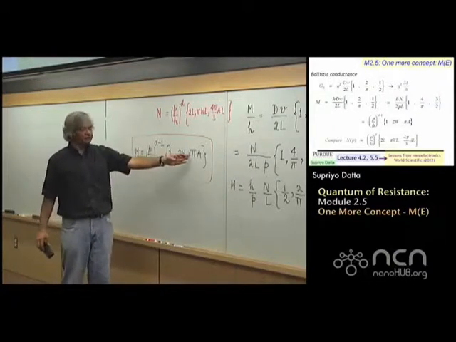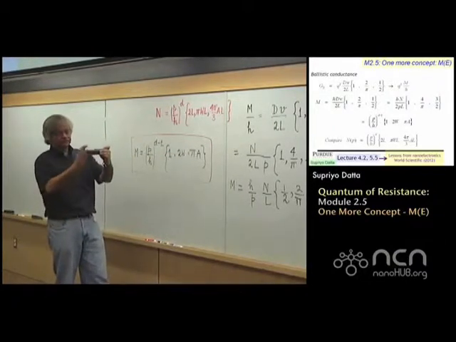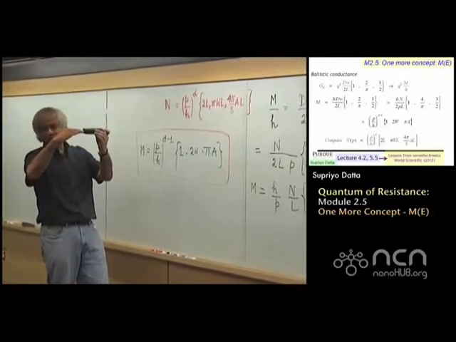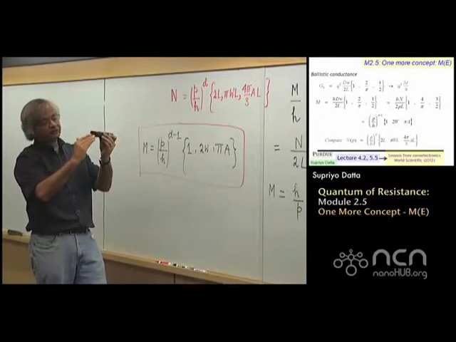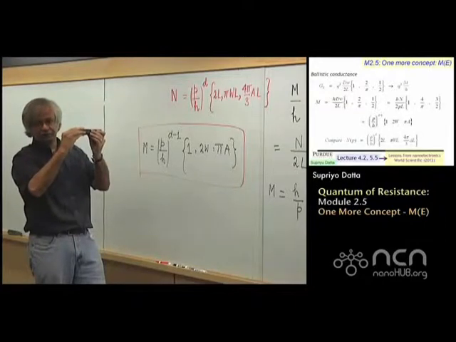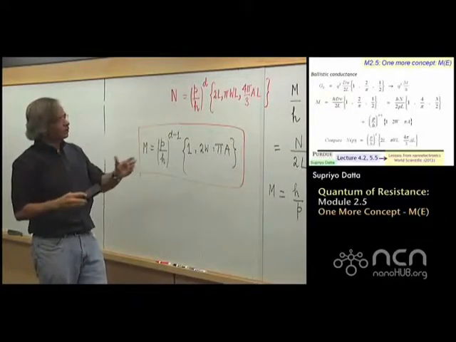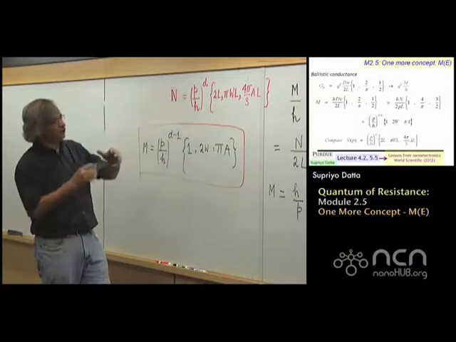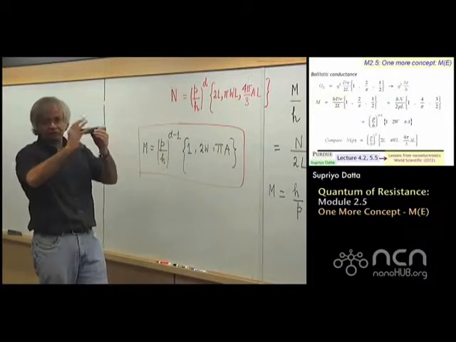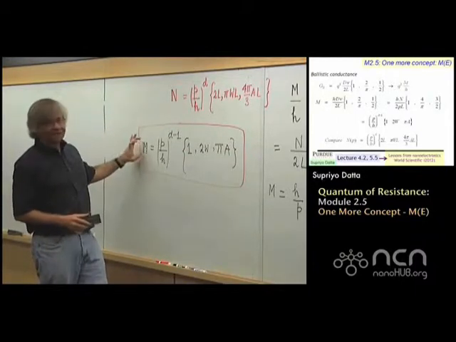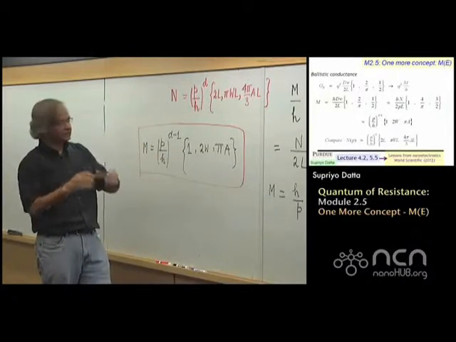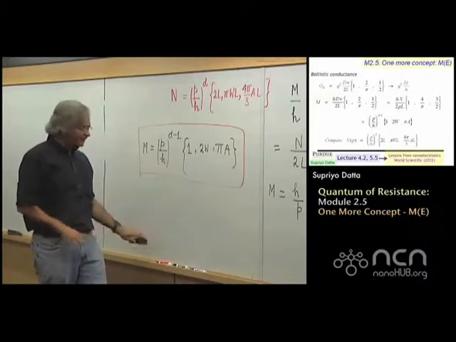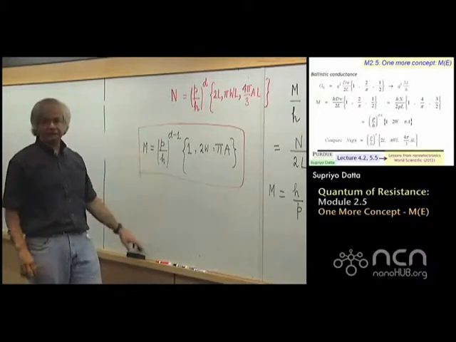And in 3 dimensions, where you have a solid and current is flowing this way, M tells you how many wavelengths fit into that cross-section of the wire. In 3 dimensions, n would tell you how many wavelengths fit into the entire volume, but M would tell you how many fit into that cross-section. That's why it's proportional to the cross-section. And that's the meaning of this quantity M, really.